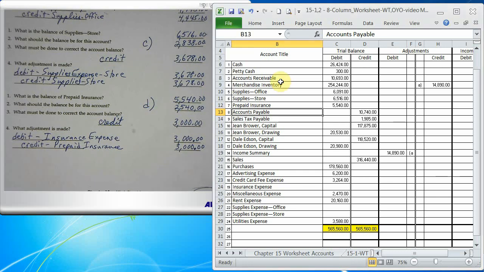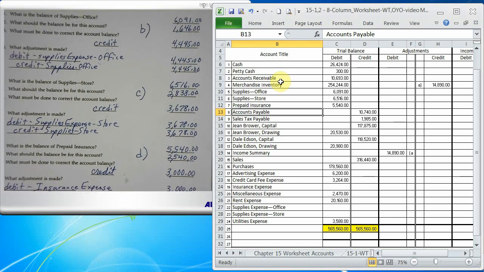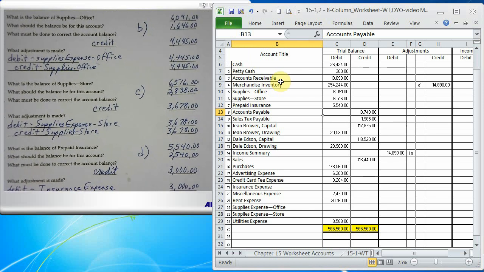Okay, now we're going to go through and actually do the entries, using the first one for B. I will go over here and we'll go B, and at the top we have to credit this amount, $4,445.